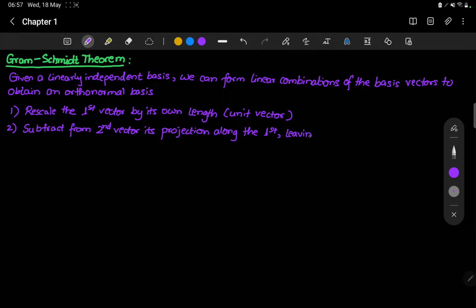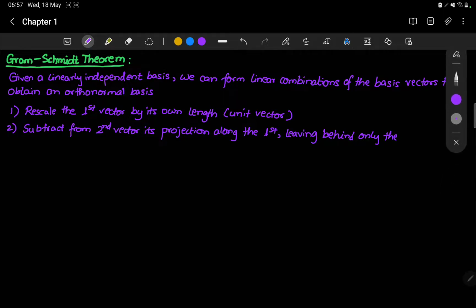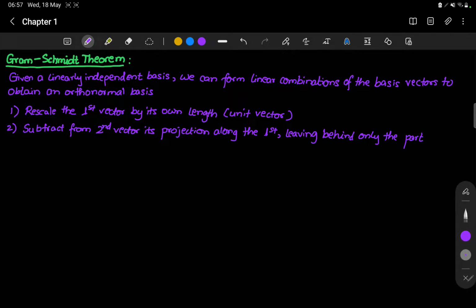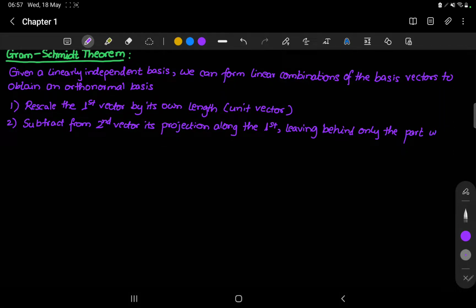This subtraction will leave behind only the part which is perpendicular, meaning orthogonal, to the first. So this is the second step.